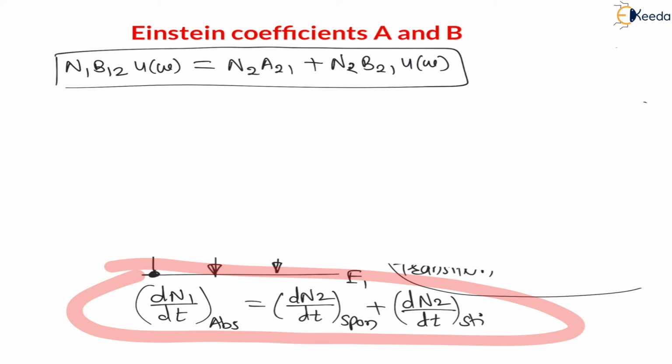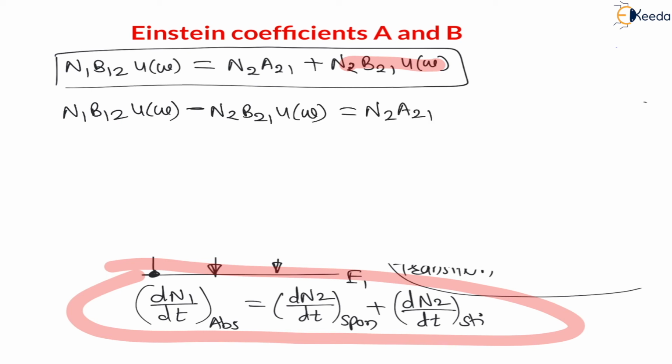So my dear students, how to write it? Let us take this term to the left side. Therefore it will be written as N1 B12 U omega minus N2 B21 U omega is equal to N2 A21. Now let us take U omega common, that is energy density common. Therefore it becomes U omega times (N1 B12 minus N2 B21) is equal to N2 A21.